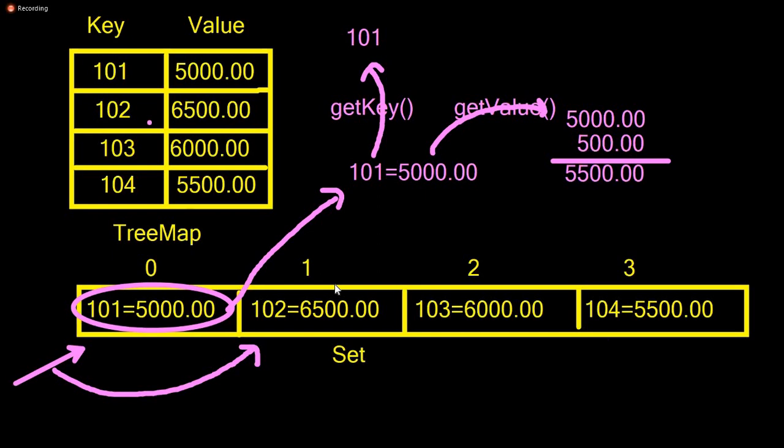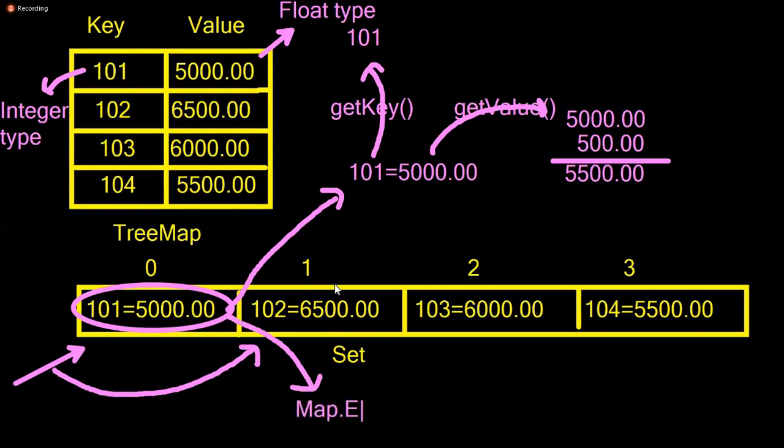Here, which type is the key? Integer type. Okay. Which type is this value? Float type. Okay. This is Map.Entry type.